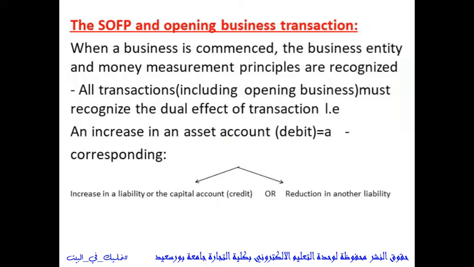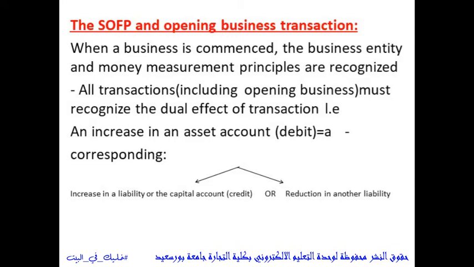The statement of financial position and opening business transaction. When a business is commenced, the business entity and money measurement principles are recognized. All transactions, including opening business, must recognize the dual effect of transaction.